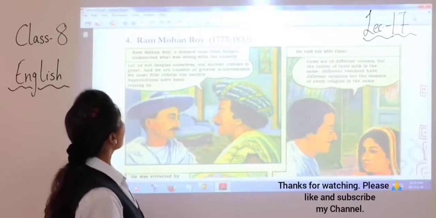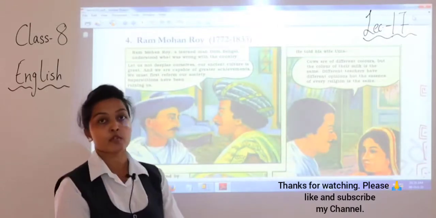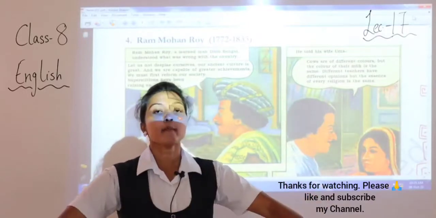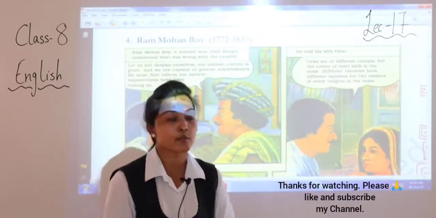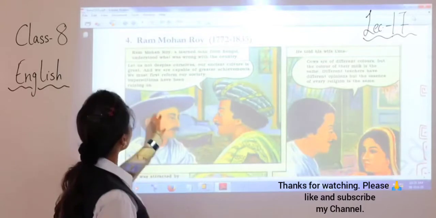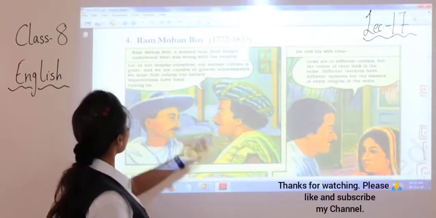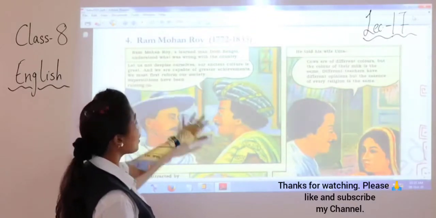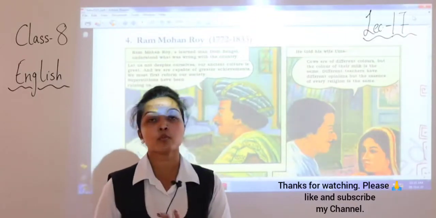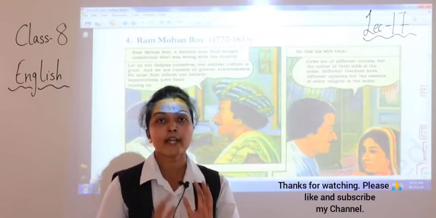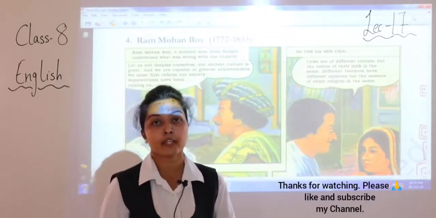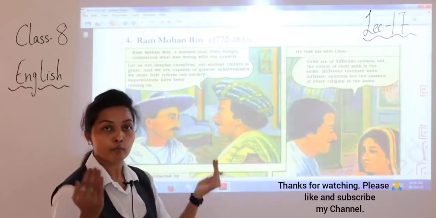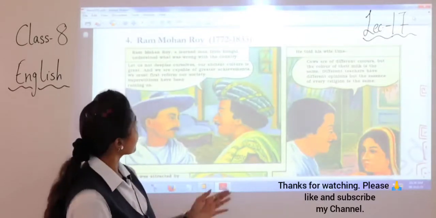So we must first reform our society. Whatever the society is divided into so many parts, we have to reform our society. Superstitions have been ruining us, trying to destroy our society. So firstly, what we have to do is reform our society.